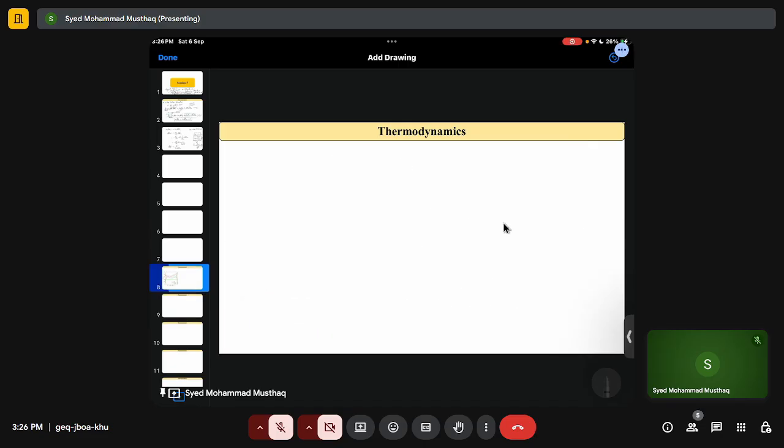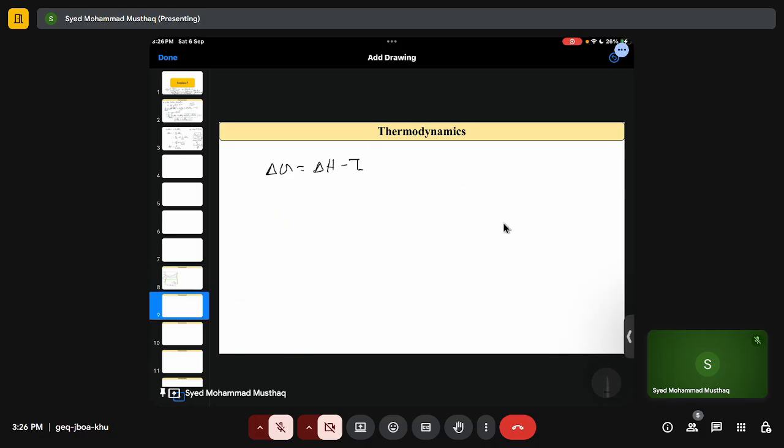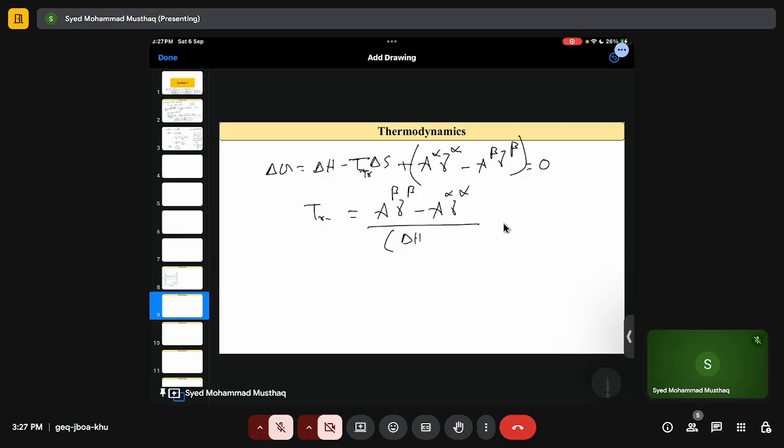Now if I try to write it, this should be 0 at equilibrium. Now it should be this.